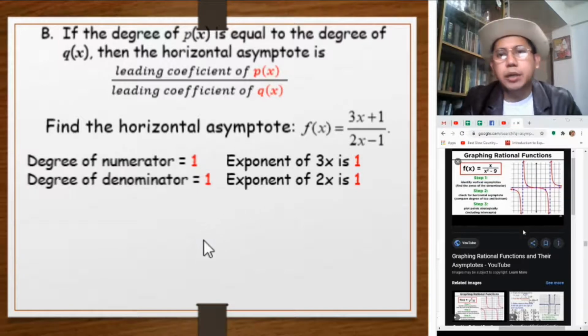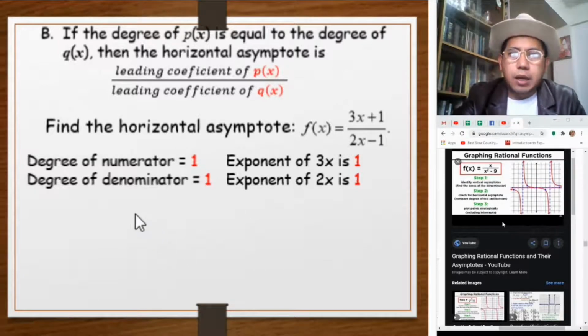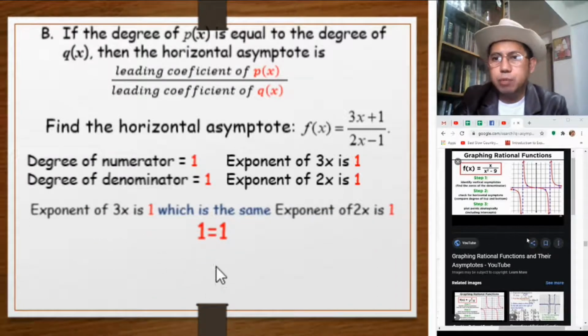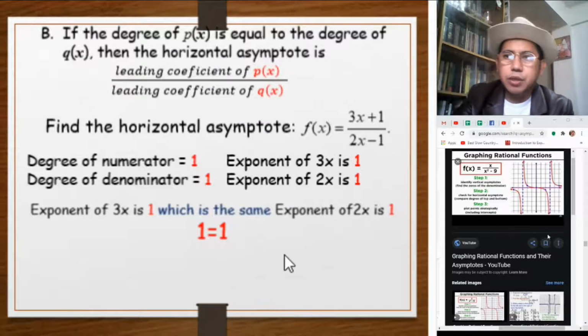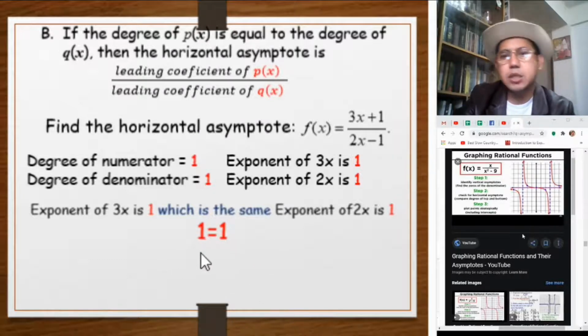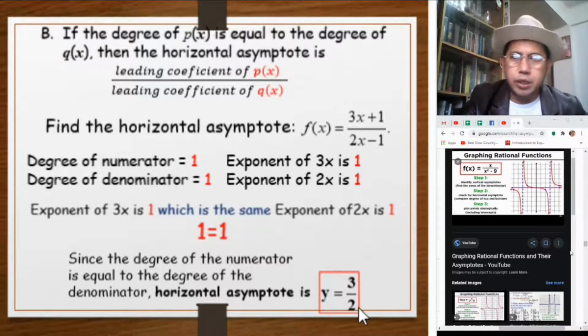So, meaning to say, in here the exponent is 1, the exponent is 1. So they are equal. With that, what would be its horizontal asymptote? Of course, if the degree of p of x is equal to the degree of q of x, which is 1 is equal to 1, the asymptote would be y is equal to 3 over 2.